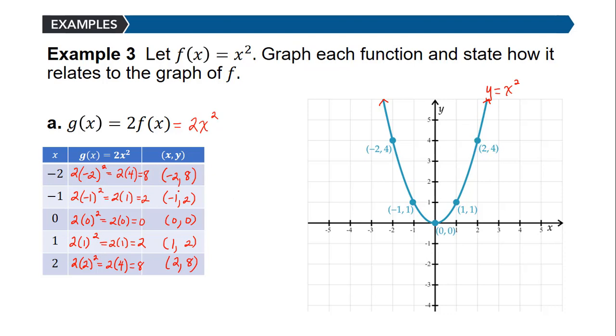And so now I'm going to plot the points for the new function on top of this. (-2, 8) is a little bit off my screen. (-1, 2), (0, 0), (1, 2), and then (2, 8). And so notice that I get a parabola when I connect these points.